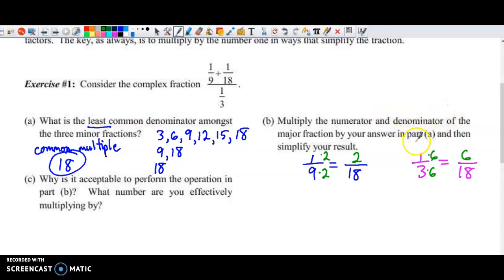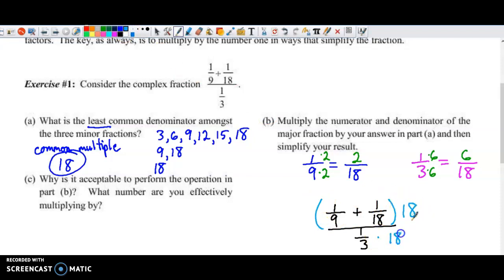I think what they actually wanted you to do, though, is take each one of those pieces, the 1/9, the 1/18, and the 1/3, and just multiply the top and bottom by that 18.